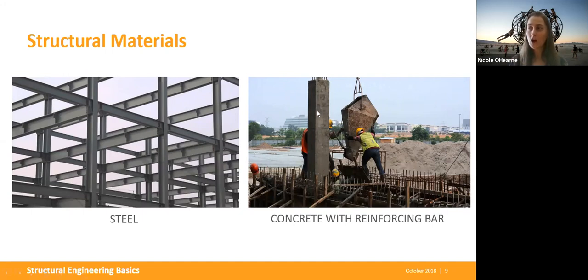So this column is hard now, but when it was wet, because concrete's kind of a liquid when it's first mixed, it's like this slurry liquid that they pour into a wood formwork, which would wrap around in the shape of this column. And then once it's hard enough and solid enough, they can remove that and you get your finished form.